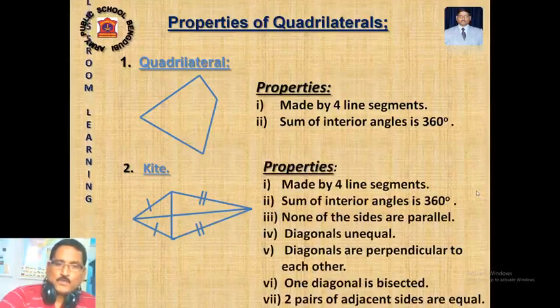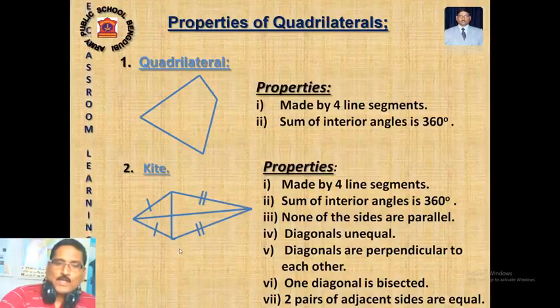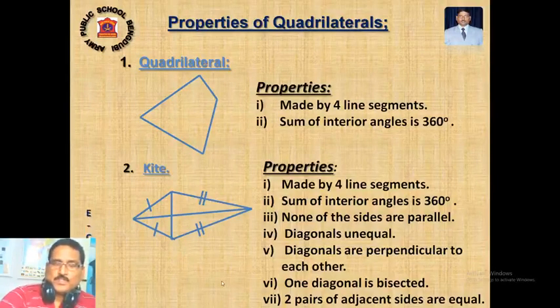Other properties: none of the sides are parallel. Diagonals are unequal. Diagonals are perpendicular at a point, but one diagonal is bisected. Two adjacent sides, this equal to this and this equal to this, and one pair of opposite angles will be equal. So in the case of a kite.